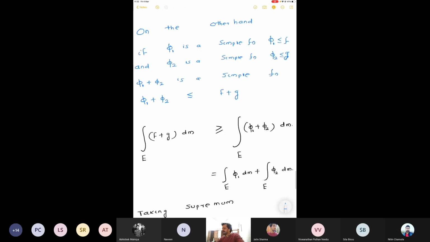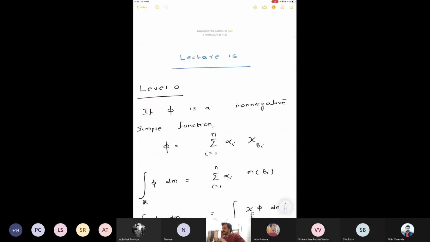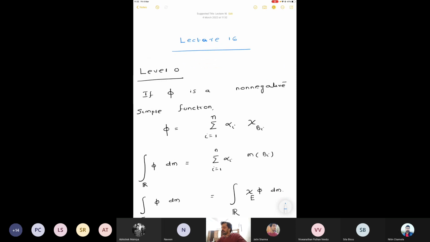Let us go back and see once again level 0 and level 1. I am a bit worried that you are still not okay with how we are progressing. First, we defined the integral for non-negative simple functions. Non-negativity is not a stringent condition. That is just to avoid infinity minus infinity type of things.